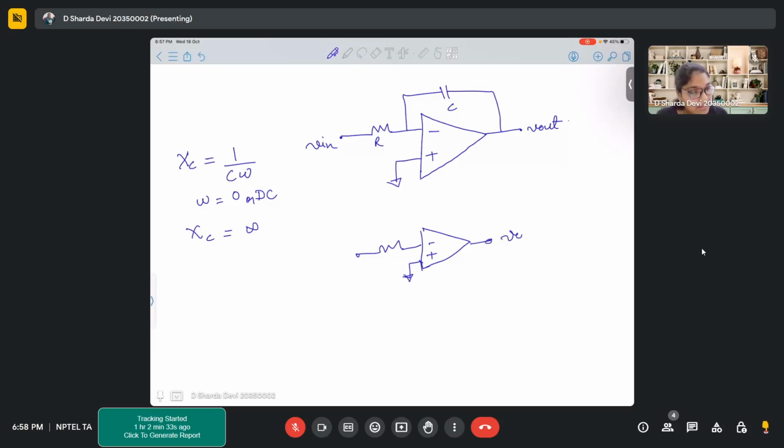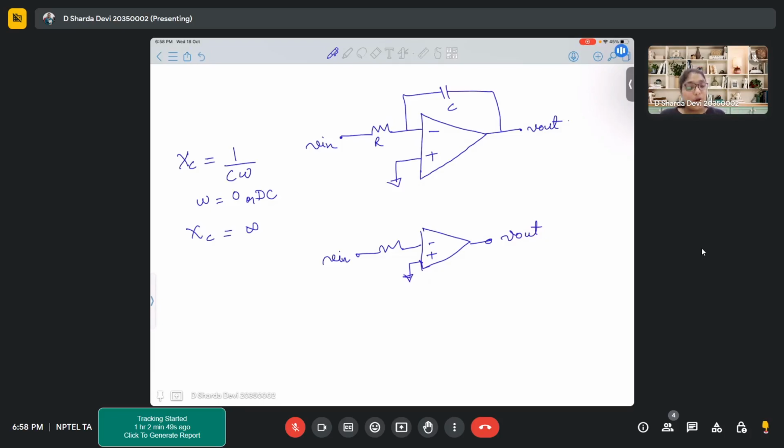This circuit is actually a comparator, so it will give you saturated outputs. Rather than behaving as an integrator, it starts behaving as a comparator.